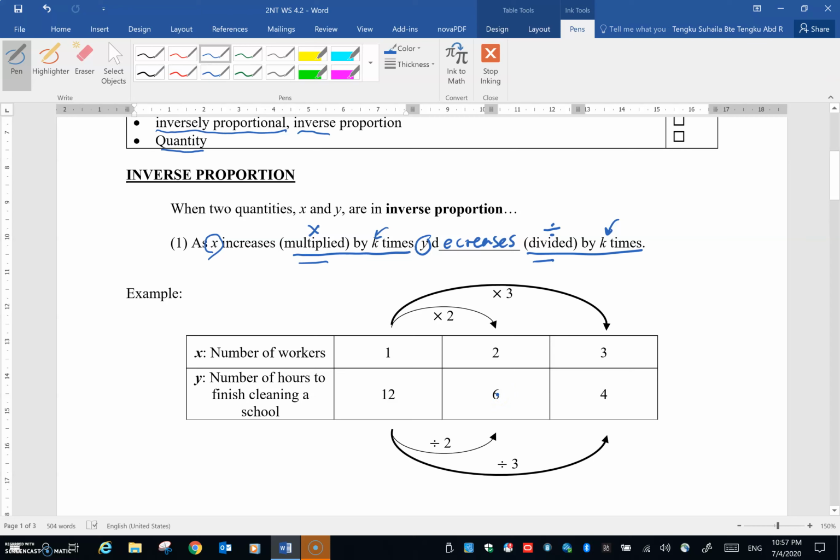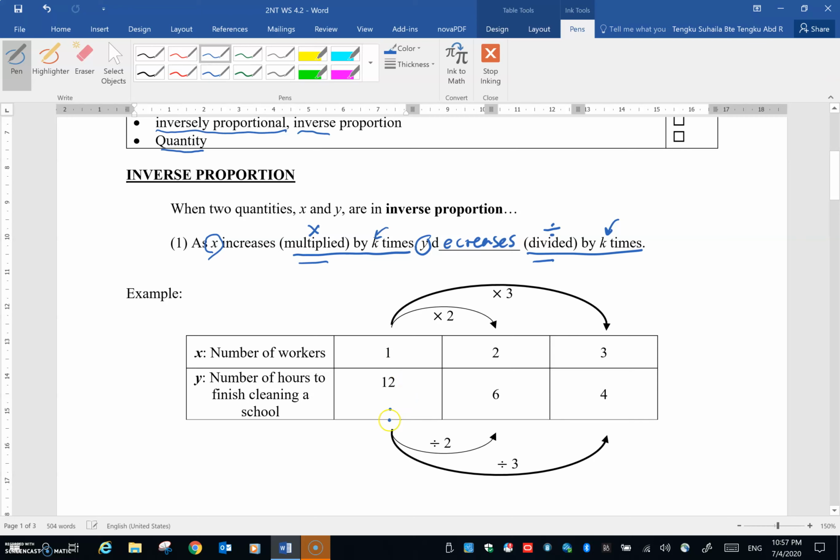Now let's give ourselves another example. Let's say I asked Imran to help me sweep the floor in the classroom. If Imran has to do it alone, it will take him, let's say, 12 hours to finish sweeping the floor. I don't know how he takes 12 hours to sweep the floor of the classroom, but suppose, for example, Imran takes 12 hours.